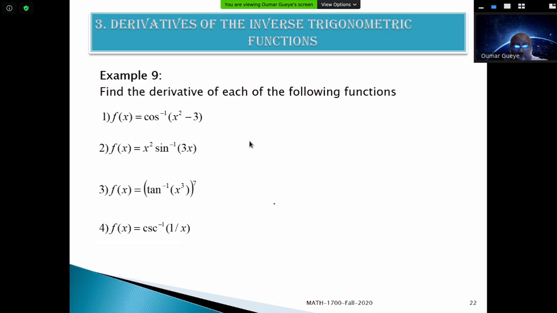We've already seen formula number 6, that's the one we have to use in this case.